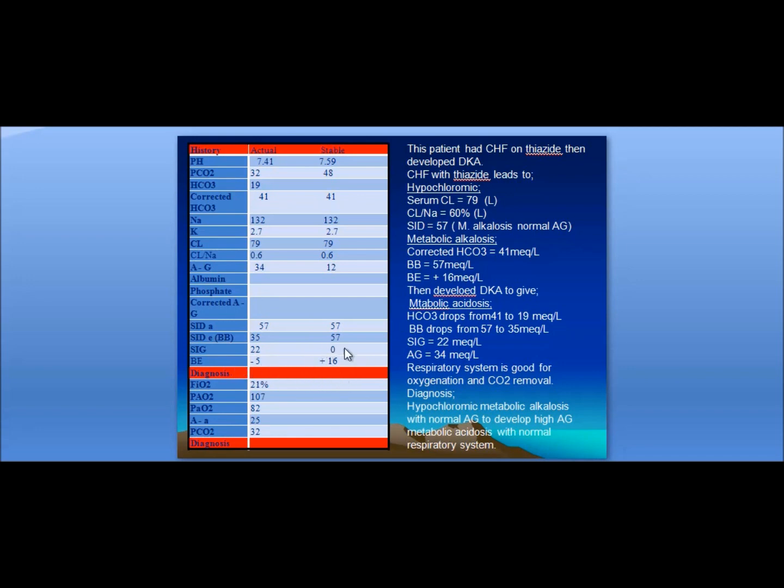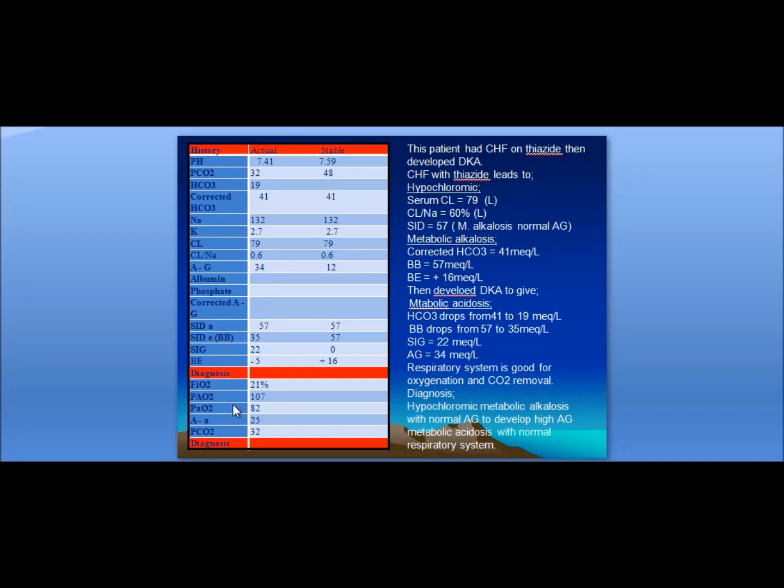The change is from base excess to base deficit, from normal anion gap to high anion gap metabolic acidosis, and the fixed acid has been added, so the strong ion gap went from 0 to 22. So the patient, first she had hypochloremic metabolic alkalosis, and then developed the high anion gap metabolic acidosis.